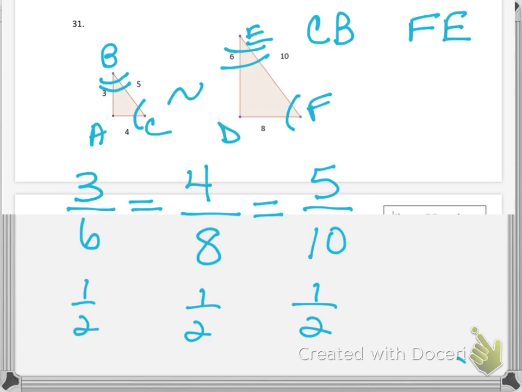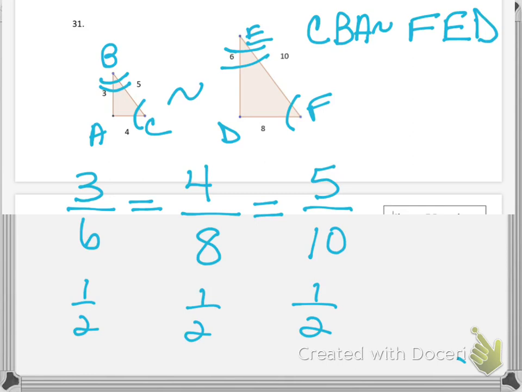Okay, complete the triangle. CBA has to be the next. FED has to be the next for the bigger triangle. And notice that A and D are both across from the right angle, or from the corner angle. So that will be the biggest angle. So yes, that's my similarity statement.